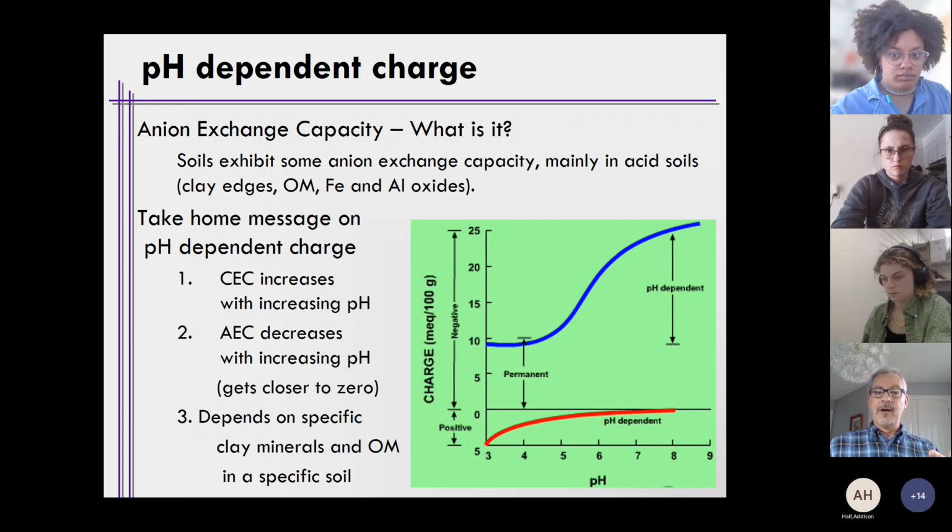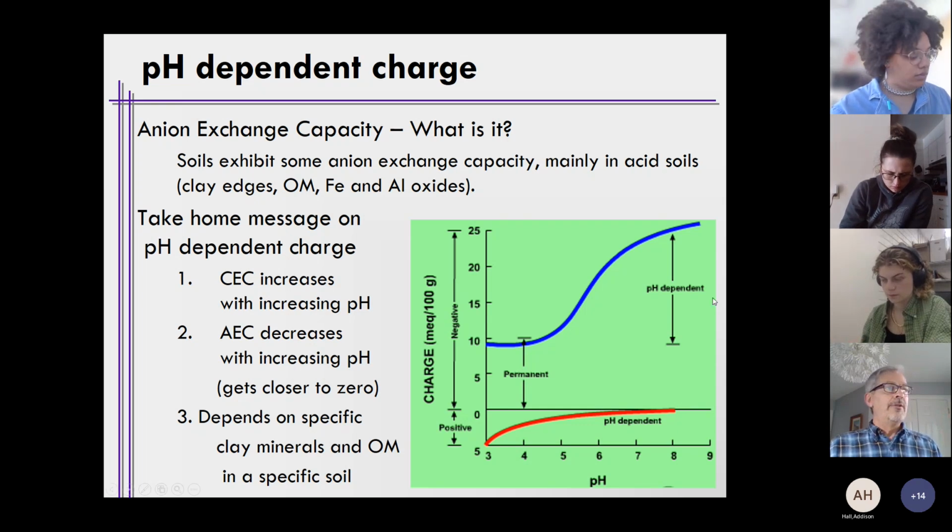And that's because of acidic conditions and hydrogen ions being loaded onto the edges of clay minerals or other minerals, or maybe even sometimes on the edges of exposed carboxyl groups. And what you see is what you see in this picture here. Let's pick on this red curve for a second.